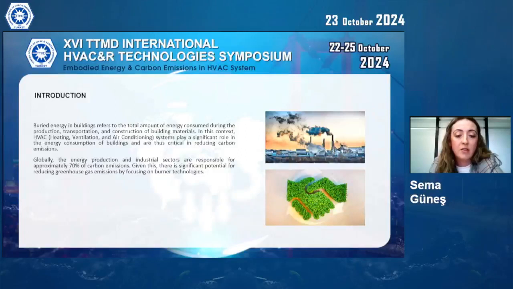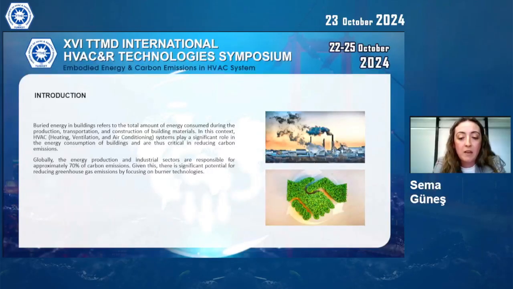Avoided energy in buildings refers to the total energy consumed during the production, transportation, and construction of building materials. In this context, HVAC systems play a significant role in the energy consumption of buildings and are critical in reducing carbon emissions.